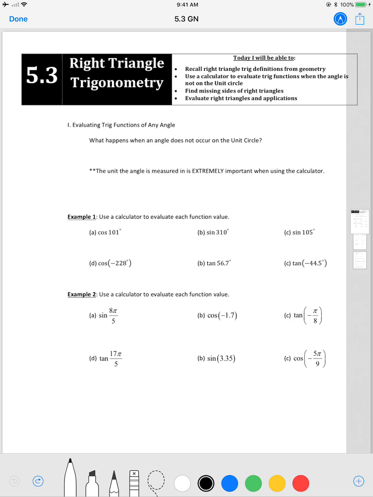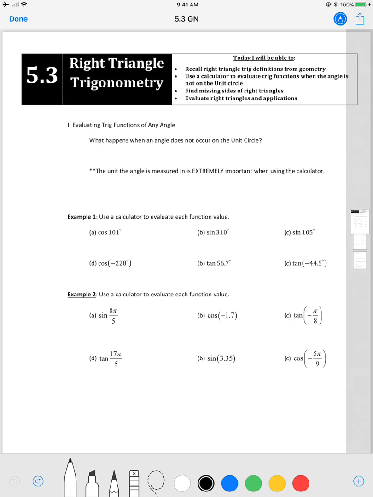So let's get started. If you'll recall from section 5.2, we asked the question, what happens when an angle does not occur on the unit circle? When it's not one of those special points, 30 degrees or 150 degrees or 315 degrees, what happens then?